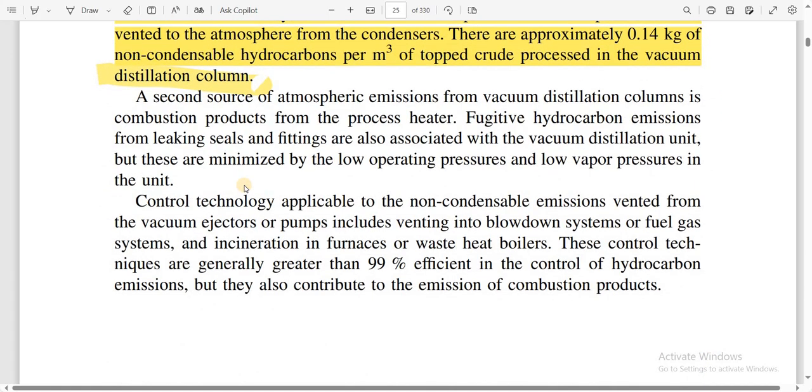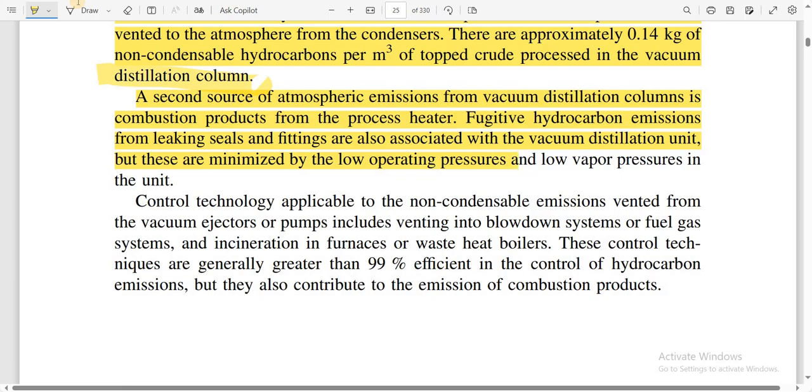The second source of atmospheric emission from vacuum distillation is the combustion products from the process heater. Fugitive hydrocarbon emissions from leaking seals and fittings are also associated with the vacuum distillation unit, but these are minimized by low operating pressure.